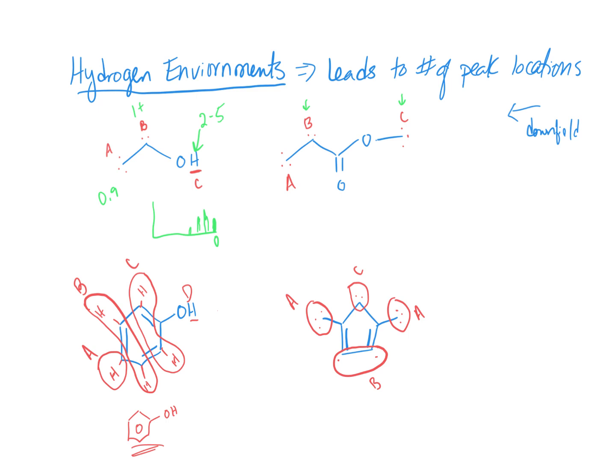Keep in mind that this carbon is directly attached to that oxygen, which means that the oxygen is pulling electrons this way more than what we have happening at B, because B is connected to another carbon that's connected to the C double O bond. So that means that C will be further downfield. So this is the furthest downfield.